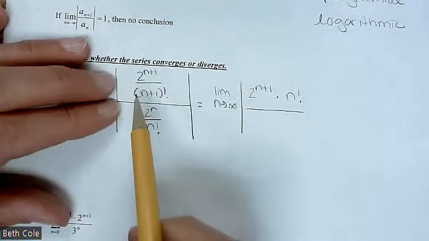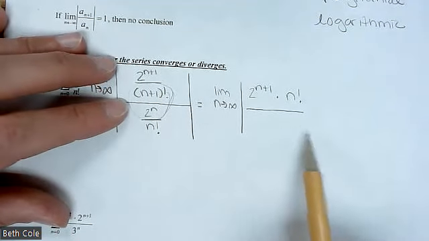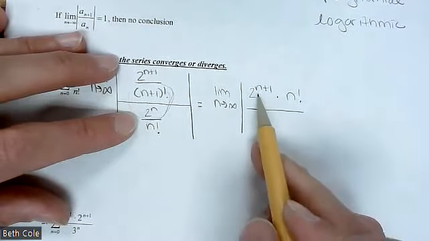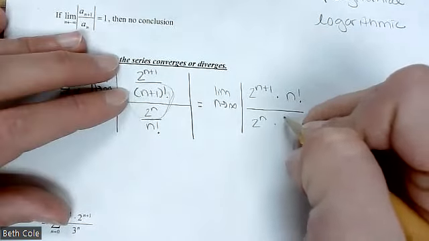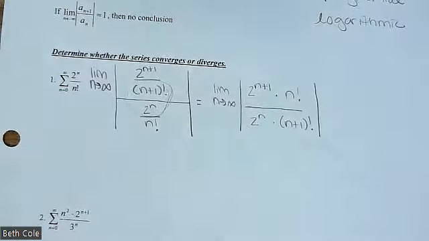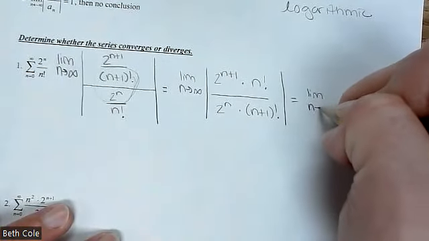That's the other way I think of it: do you see how this stuff in the middle is going to be what goes on the bottom? You want to line them up though. So I'm going to put the 2 to the n underneath the 2 to the n plus 1, to match them with what they go with. Because in the next step, and these always turn out the same way, you're going to get stuff that cancels out. So let's see what we can get to cancel out here.